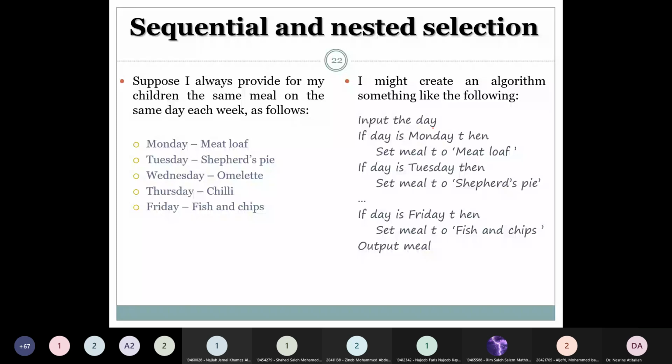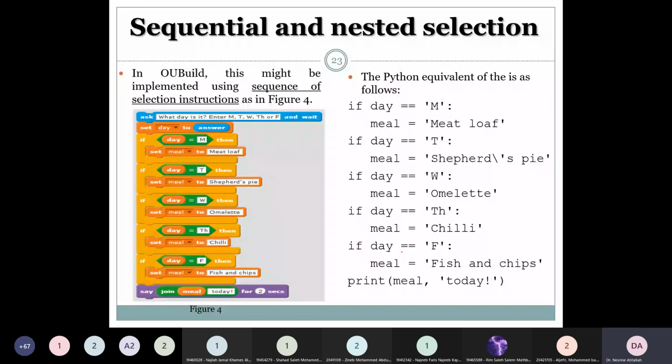In pseudocode, this may be implemented using a sequence of selection instructions. We have seen already the sequence of selection instructions, and we see that here we have unnecessary blocks that will be run.